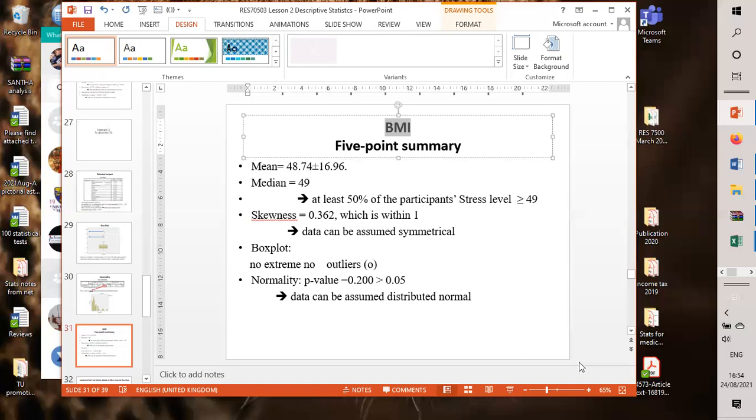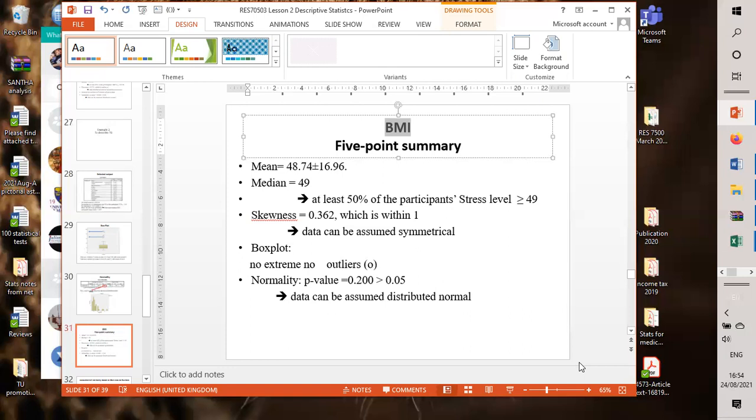All right. So that's the mean, median, skewness. Box plot. What do you see in the box plot? No extreme, no outlier. Normality. What's the p-value? 0.002.